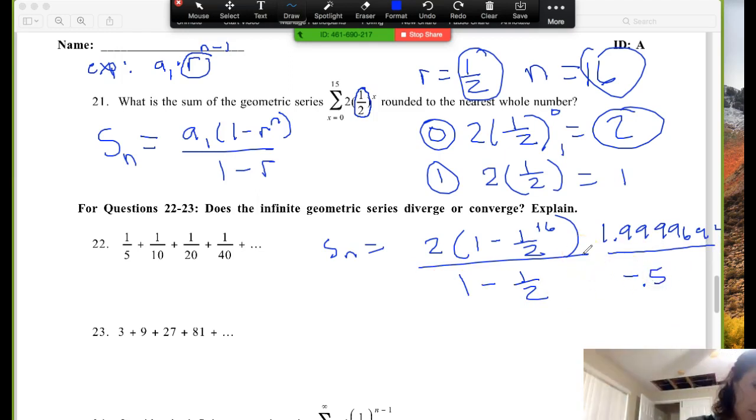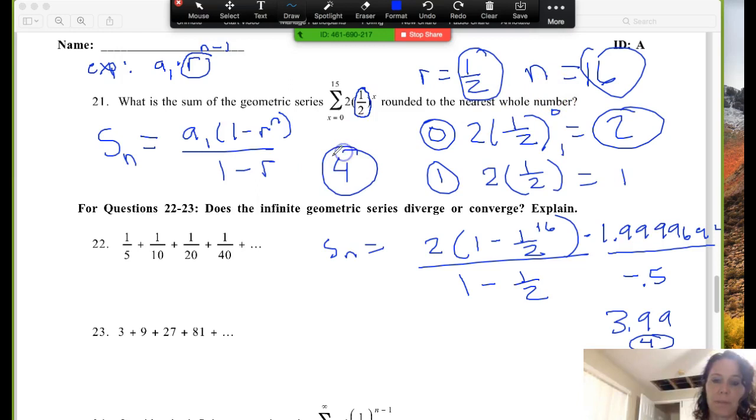Then I'm going to divide that by negative 0.5. Sorry, this was negative. Divide out the negatives, and the sum I'm going to get is 3.999999, which I'm going to round up to 4 when I sum this. So what's the sum of this? Rounded to the nearest whole number, it's 4.